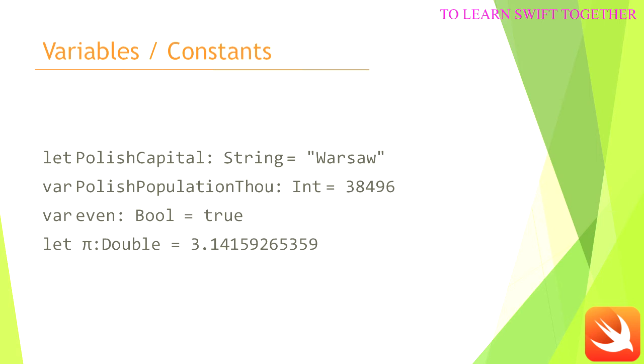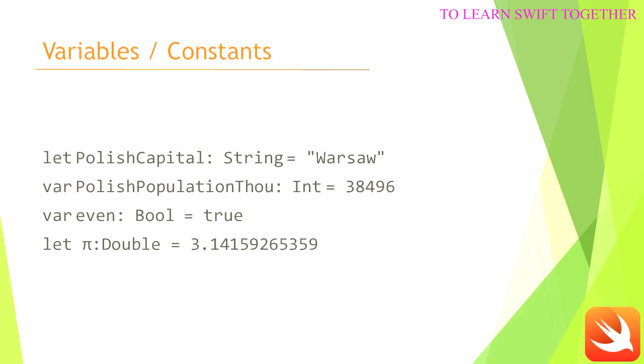All the values are initialized with the value present on the right of the equal sign. The most interesting example is probably the declaration of the pi constant. In Swift, we can use almost any Unicode character in the variable name. You can even use emoticons, so the notation we presented here is by all means correct.